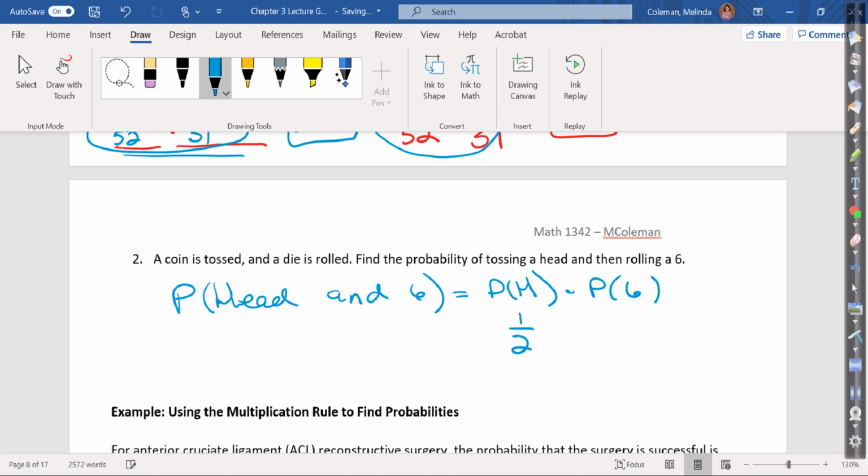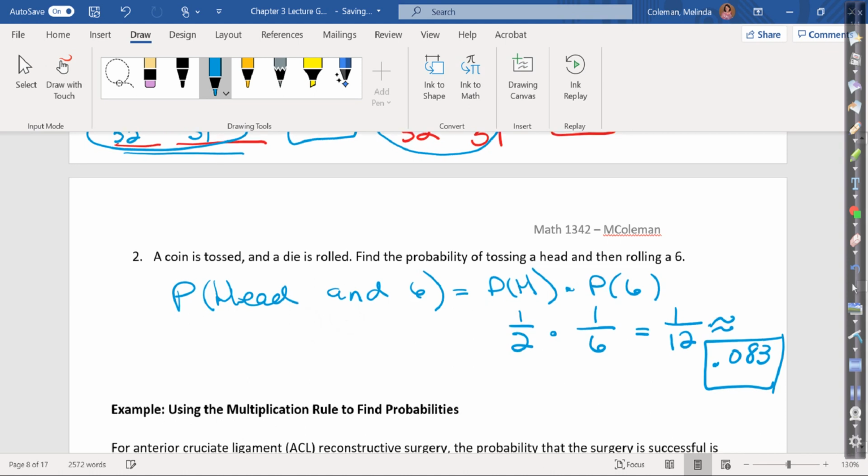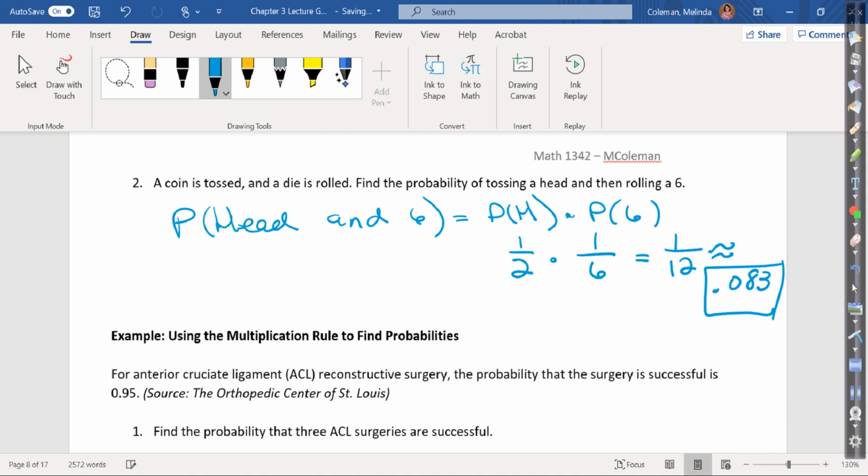So heads would be 1/2. 6 is 1 out of 6. So together I would have 1/12, which again is approximately 0.083. Probability of heads and a 6. And again, you could look at these as slot problems. Here's the head, here's that.